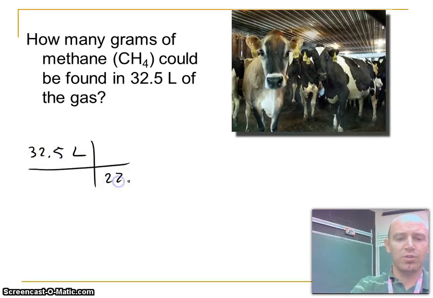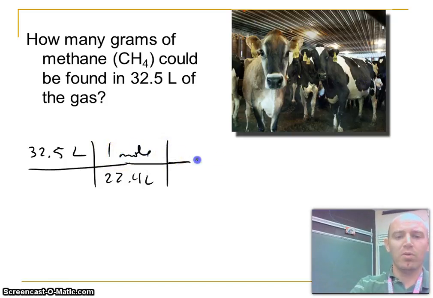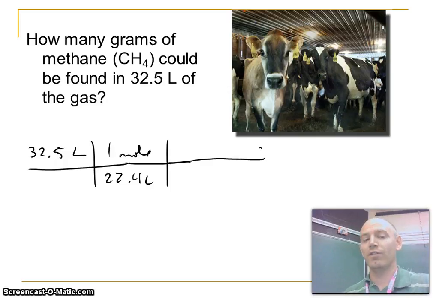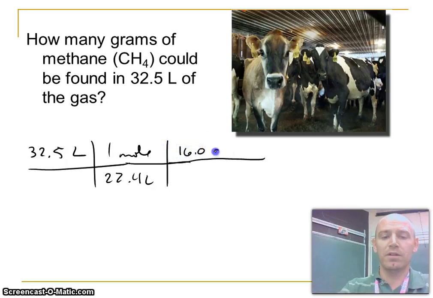And it's 22.4 liters per 1 mole. And then the molar mass of CH4 methane: carbon is 12, and we have 4 hydrogens at 1.0 apiece. So we're going to end up with 16.0 grams per 1 mole.